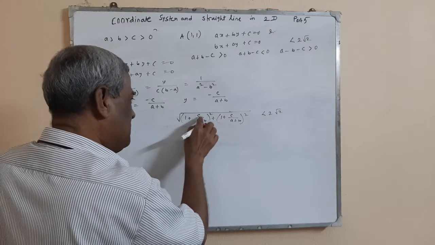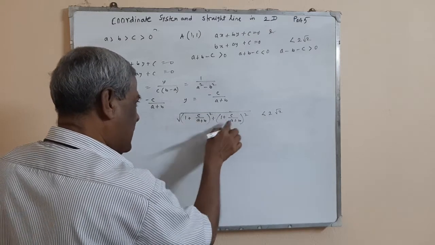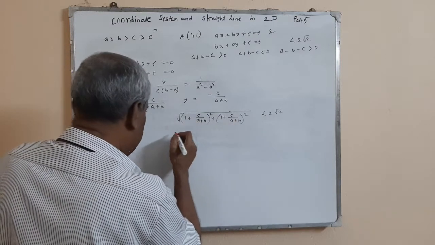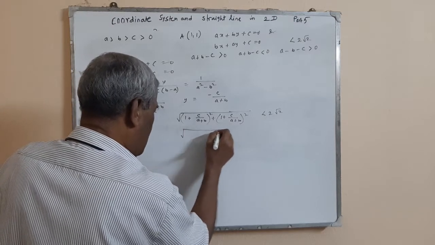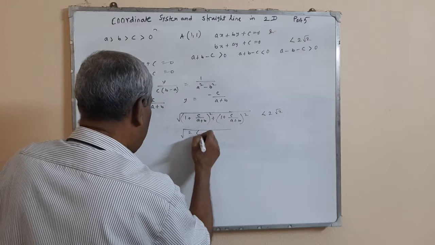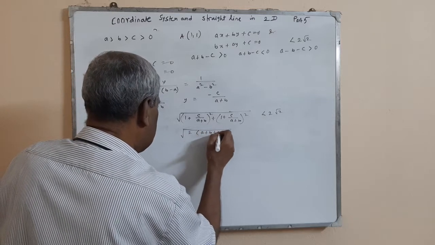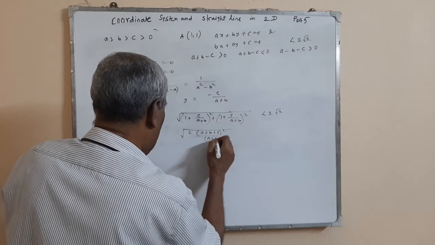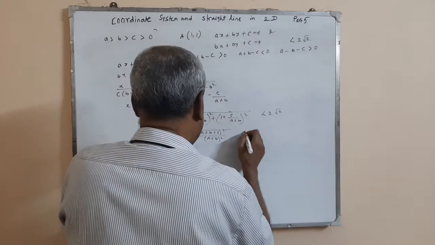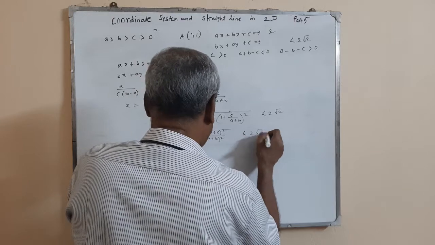This is A plus B plus C by A plus B whole square, the same thing. So that it is equal to under root 2 into A plus B plus C whole square by A plus B whole square, which is less than 2 root 2.